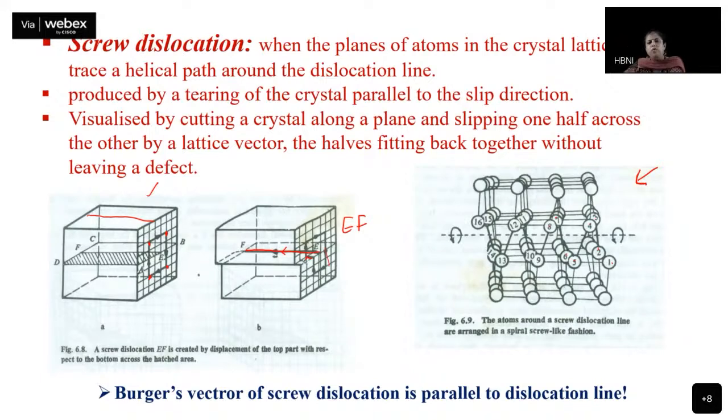But when you have tried to slip this particular cuboid from right to left, what happens is 1 is still joined to 2, 2 is joined to 3 and 3 is joined to 4. This is how it was.